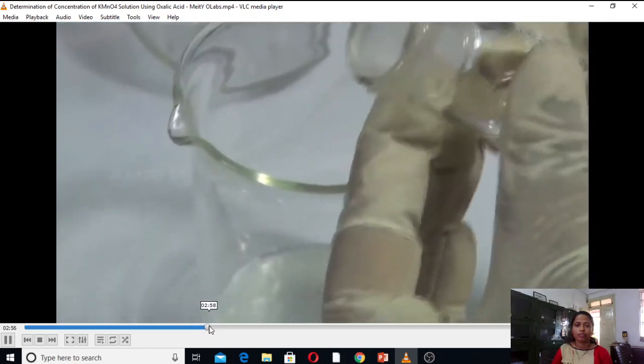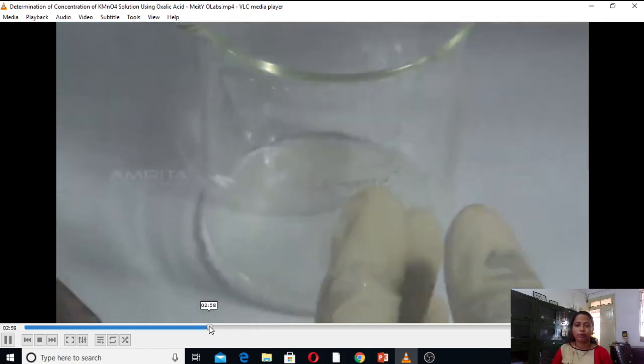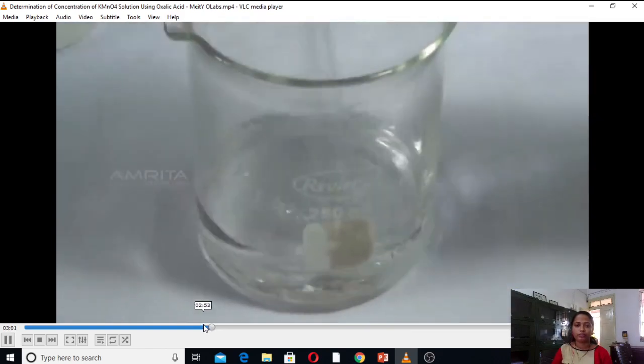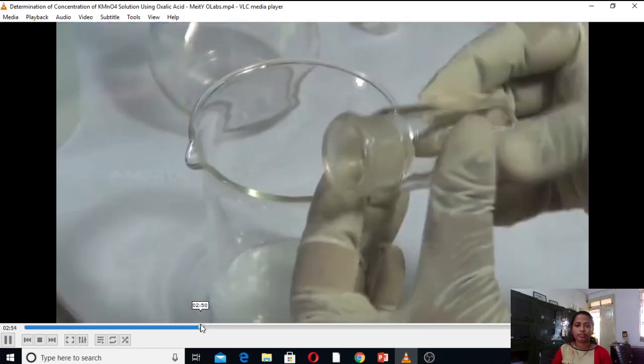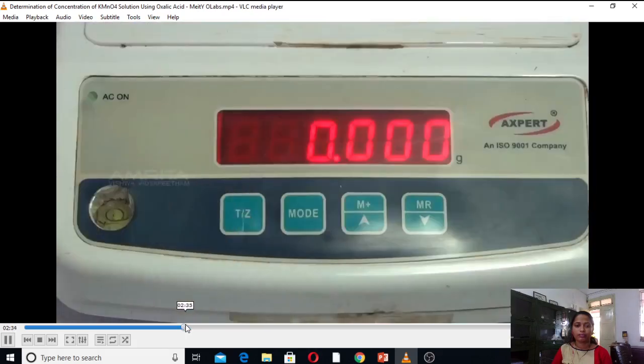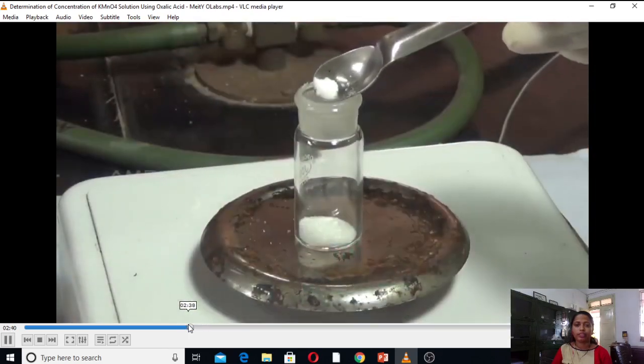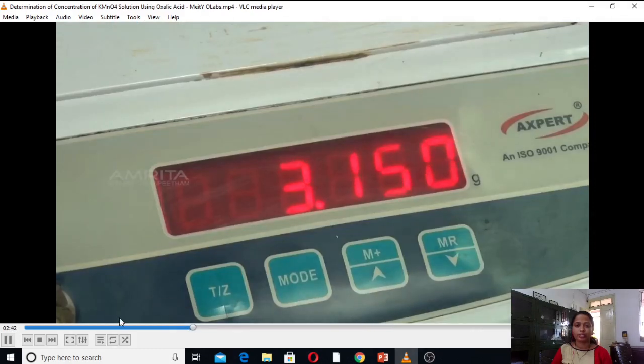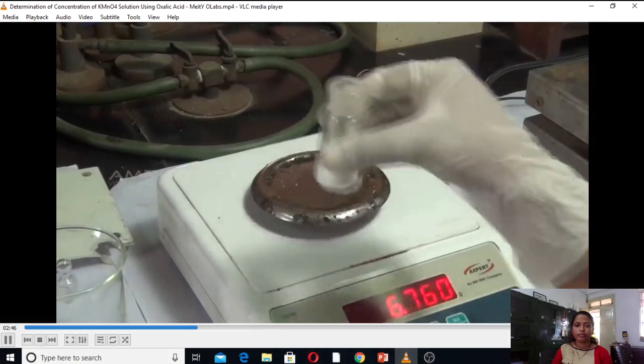So, clean the weighing bottle. Weigh the oxalic acid crystals, 3.15 gram of oxalic acid crystals.